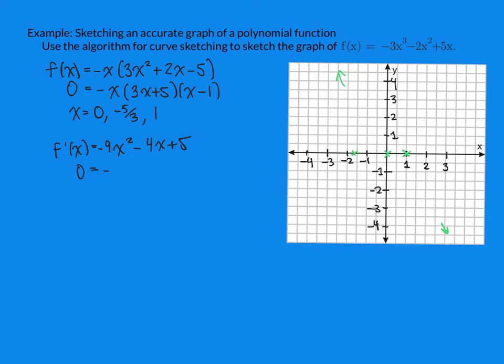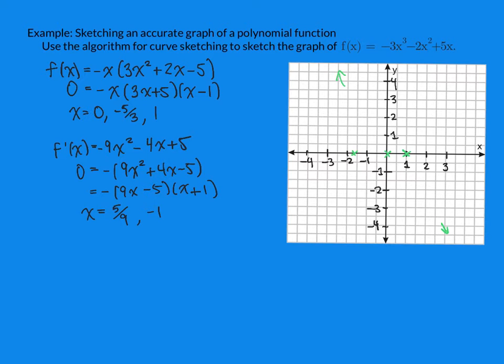And we should also find that this is factorable. So the derivative is 0 at 5/9 and -1.